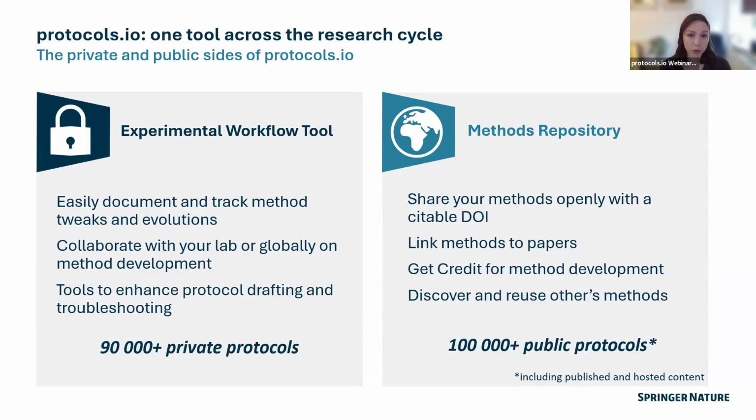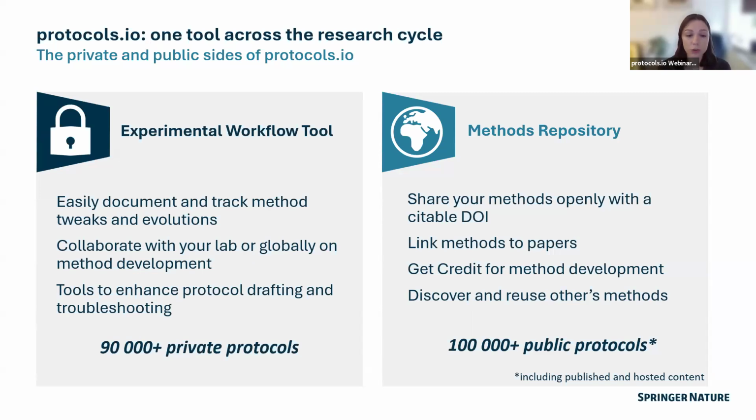So in our methods repository, there are two types of content there. Anything that is published via Protocol Studio is open access, so it's free to publish and free for people to read those protocols that are published via Protocol Studio.